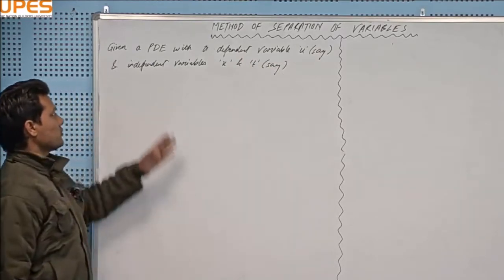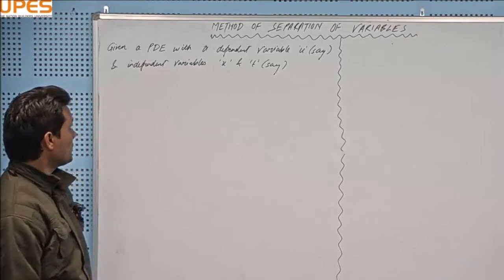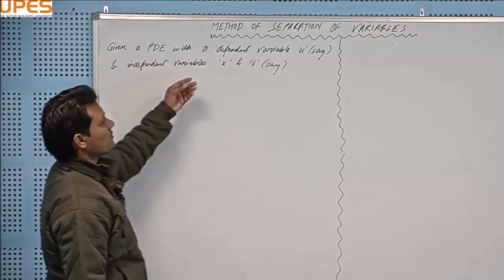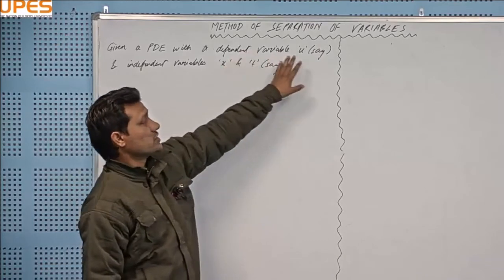So I have taken only two independent variables. However, this method can be extended to n independent variables. And you have a dependent variable which is a small u.